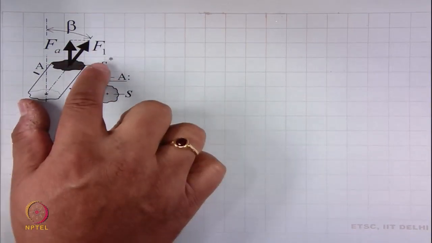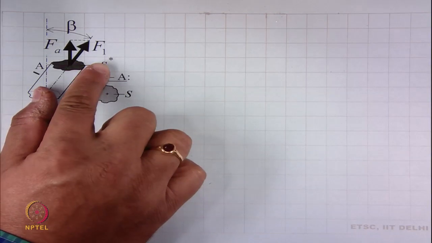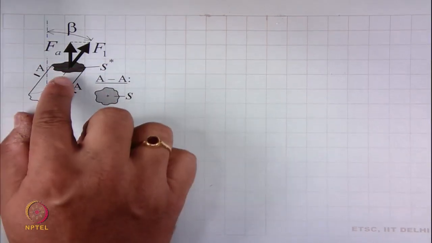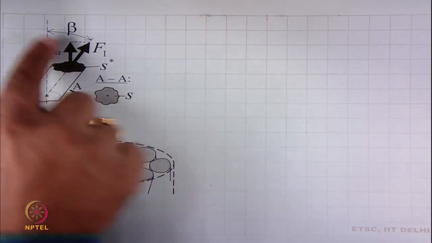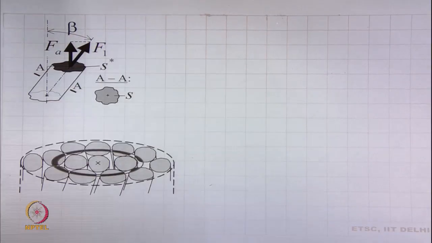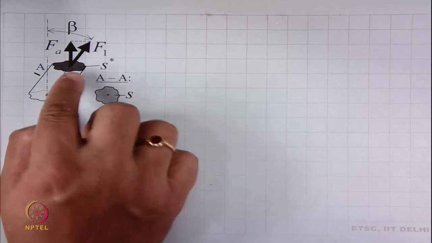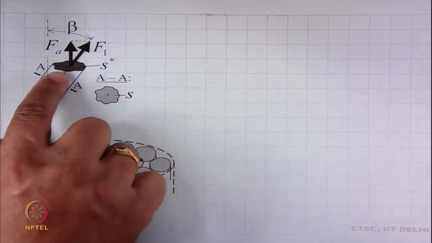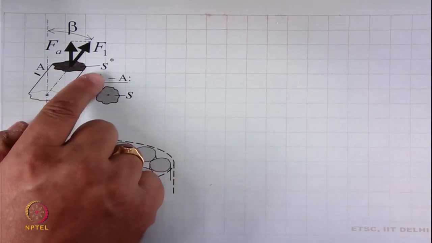So, F subscript 1 stands for the axial force to the fiber, whereas F subscript A represents axial force in yarn. Beta is the twist angle. The cross sectional area of the fiber is small s. As a result, the sectional area is S star.